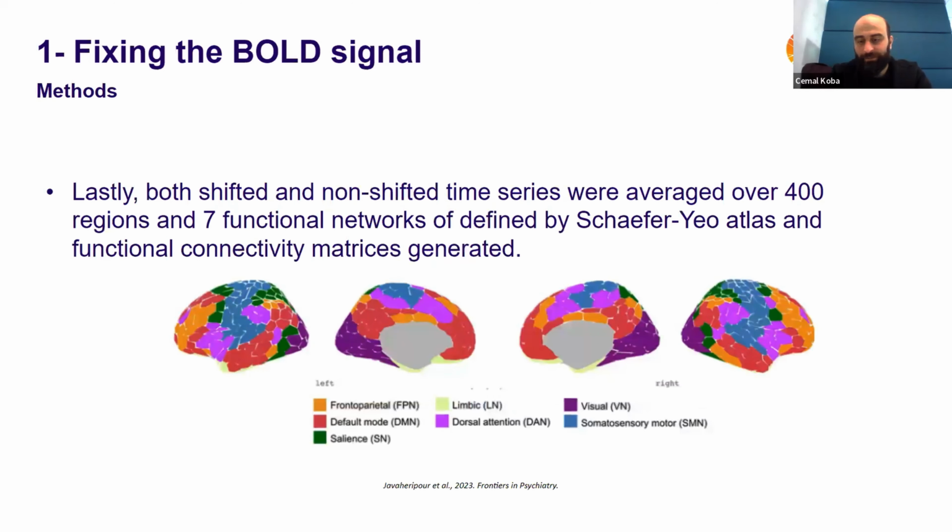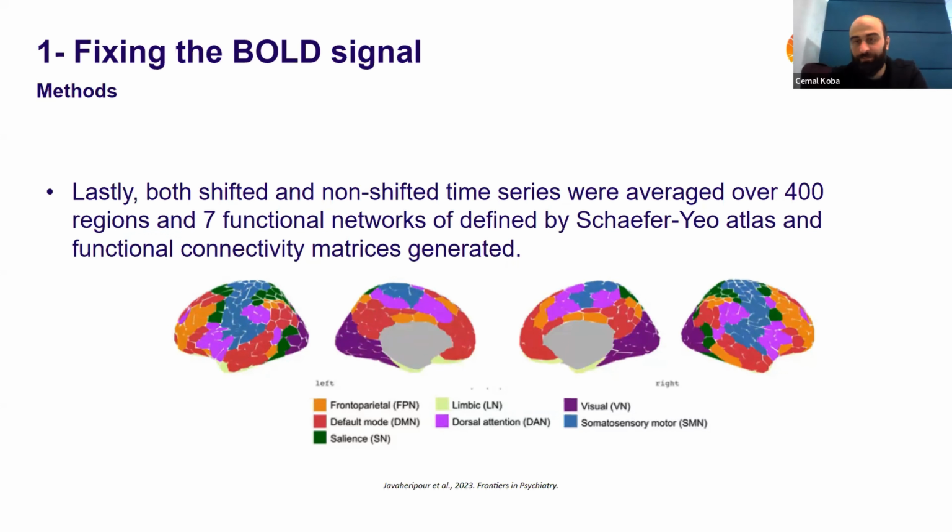Then we went ahead and used both corrected and non-corrected time series, and we created the functional connectivity matrices using this atlas that has 400 regions of interest, also divided into 7 functional networks.